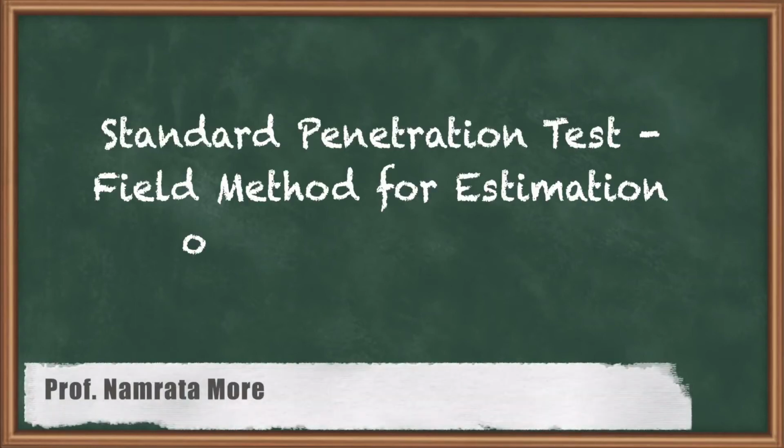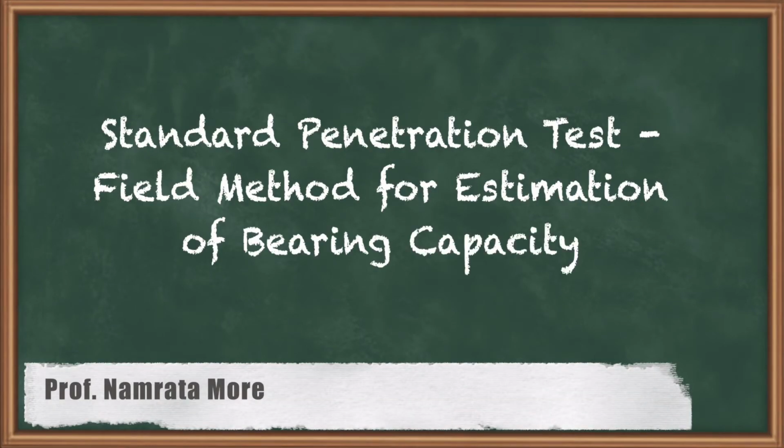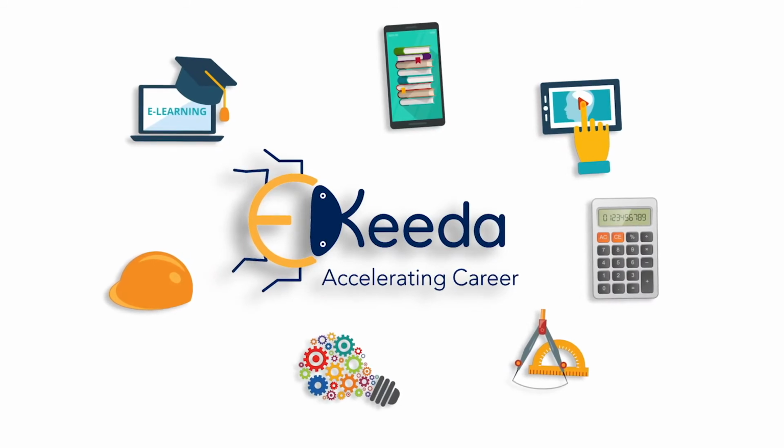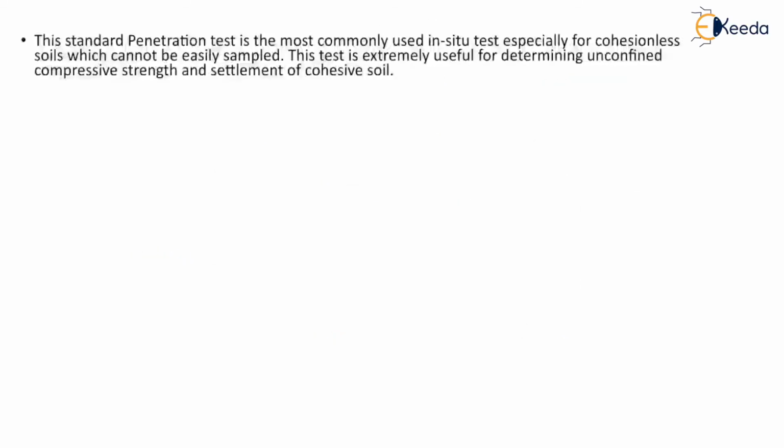Hello everyone. In this video we are going to discuss the standard penetration test, which is a field method for the determination of bearing capacity of the soil. This standard penetration test is the most commonly used in situ test, especially for cohesionless soils which cannot be easily sampled.